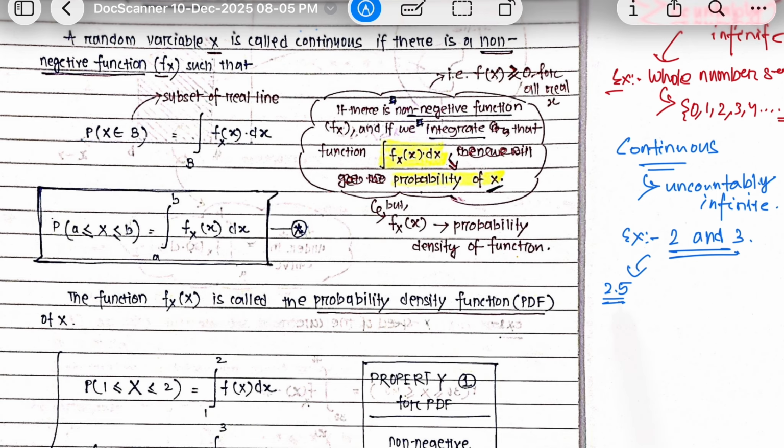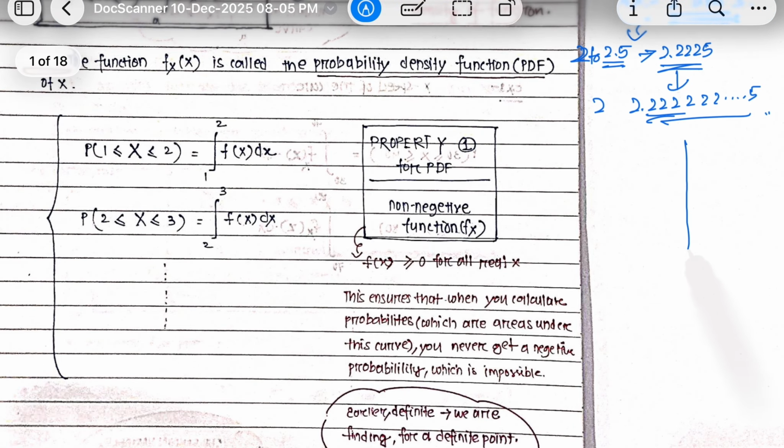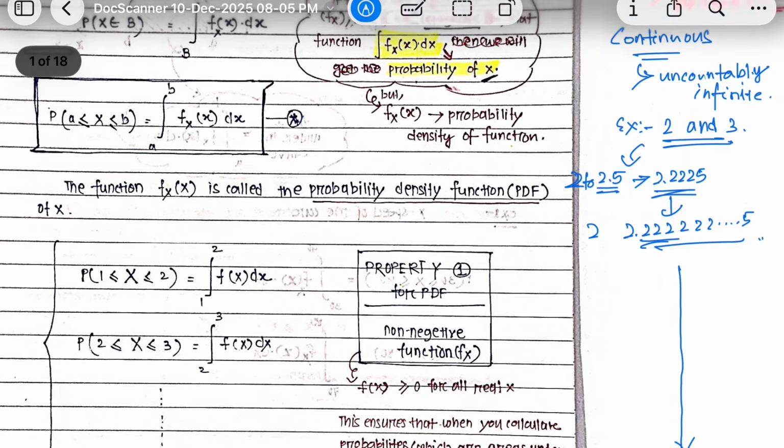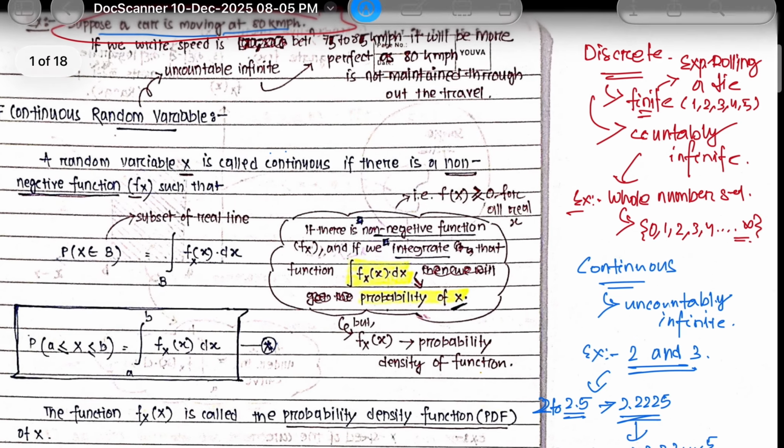But if you go deeper and look for a number between 2 and 2.5, there will be a number like 2.22225. You can think of a number between 2 and 2.2, like 2.2222222. You can go deeper again and it will keep moving like this, a never-ending situation. This is continuous.